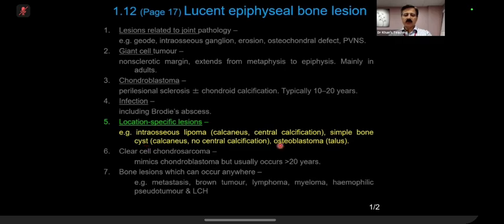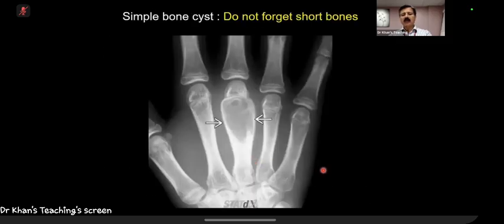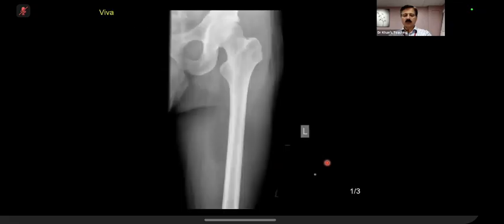Here you are. Intraosseous lipoma, calcaneum; simple bone cyst, calcaneum; osteoblastoma, talus. All of these are exam cases. And again, my emphasis: do not forget the same pathologies in the short bones. And this one is quite bubbly, but it ultimately proved to be a simple bone cyst.